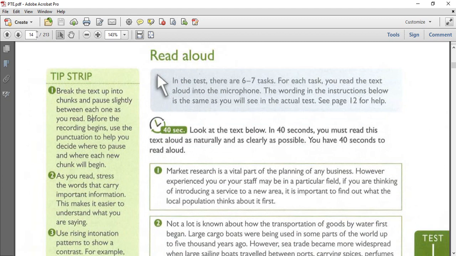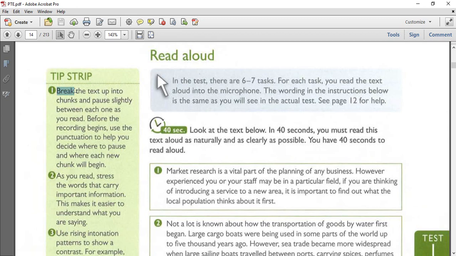With this page 14, talking about read aloud. It is one type of test that would appear in the PTE exam. Okay, now let's start with the first one. The first tip says: break the text up into chunks and pause slightly between each one as you read.